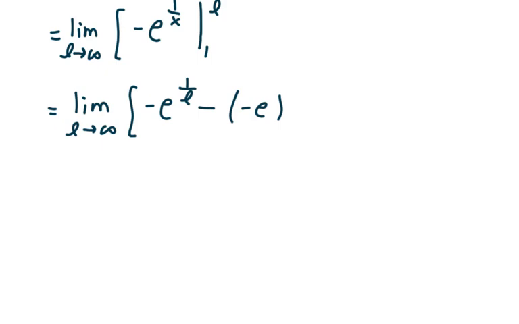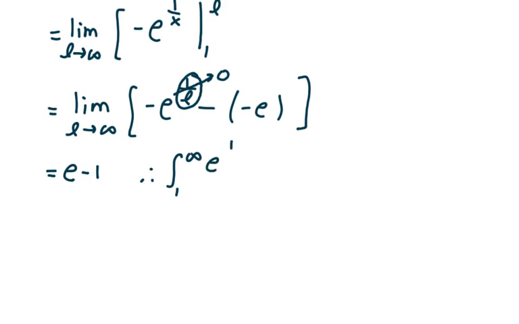That's just the same as plus e, right? But as L gets big, 1 over L is going to go to 0, right? So this is equal to e minus 1. So the integral from 1 to infinity of e to the 1 over x squared dx converges.